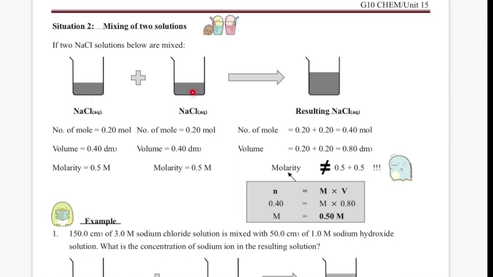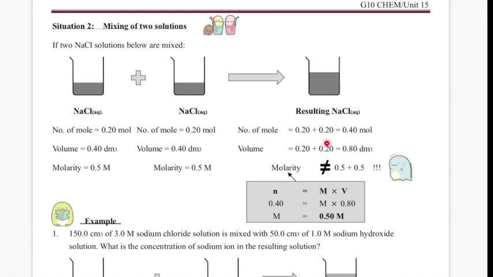And then we add them up and put them into one single beaker. So the resulting sodium chloride solution should contain, of course, a total amount of solute equal to the one in the first beaker plus the one in the second beaker. So the total amount of solute should be 0.2 plus 0.2 equals 0.4 mole.